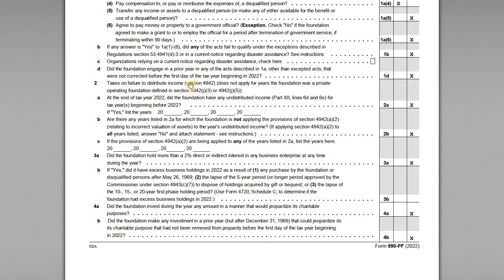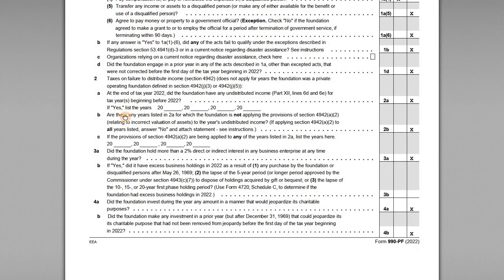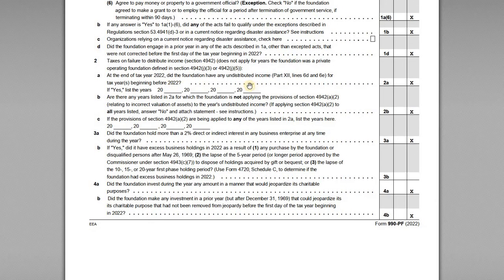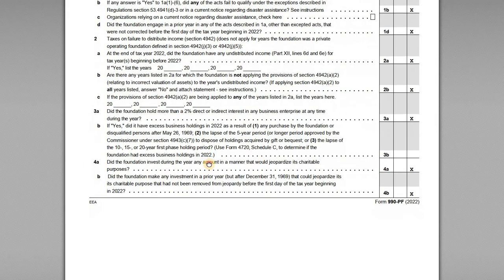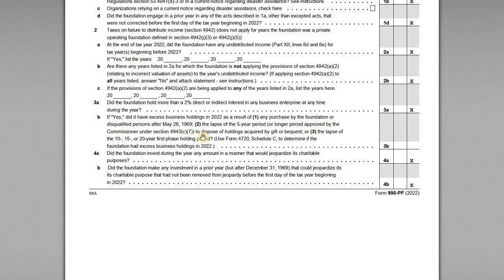All right, some other big ones down here. Failure to distribute income, right? So taxes for failure to distribute a sufficient amount of income don't apply to us. We don't have any undistributed income because this is a first year, so we don't have any undistributed income from prior years. Another big one, excess business holdings, right? So 3A and 3B.